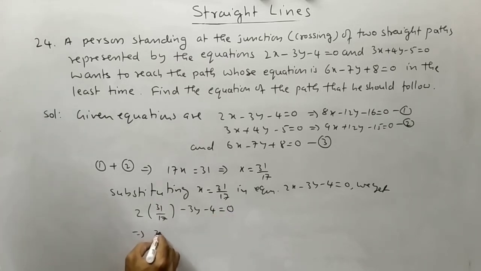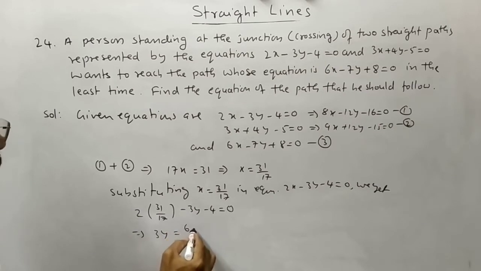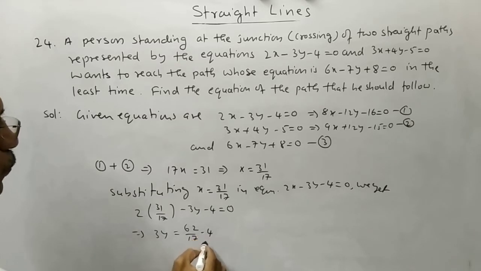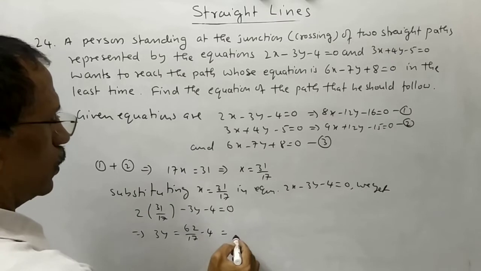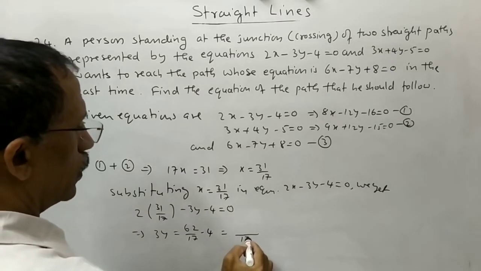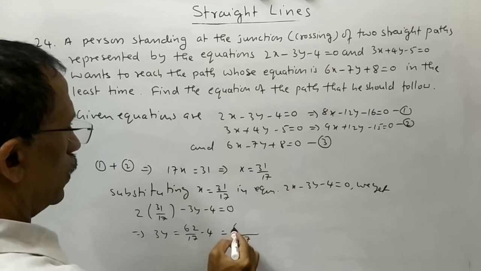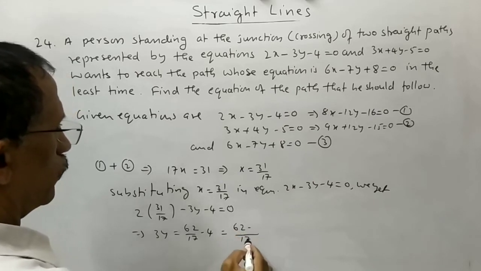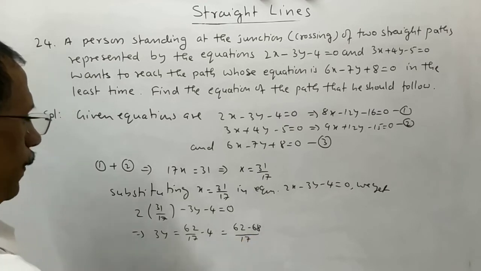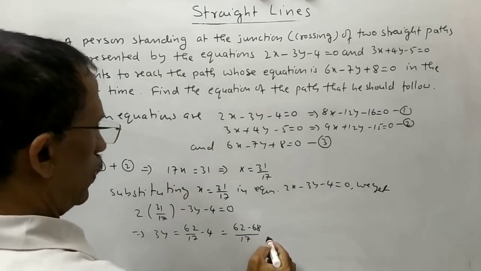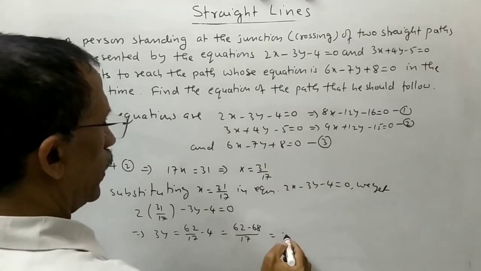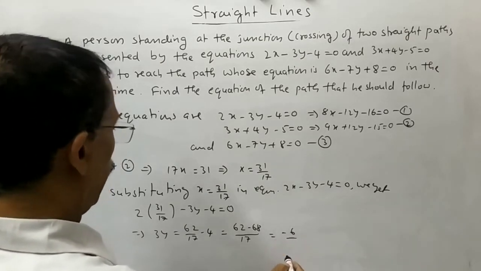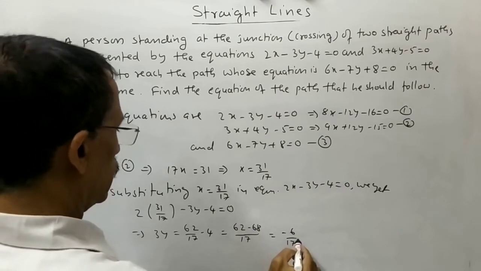This implies 3y is equal to 31 into 2, 62 divided by 17 minus 4. 17 is the LCM. The numerator will be 62 minus 68, which is equal to minus 6 divided by 17.